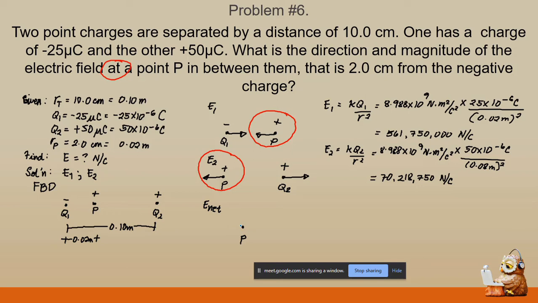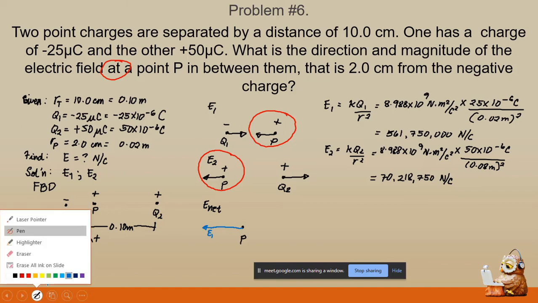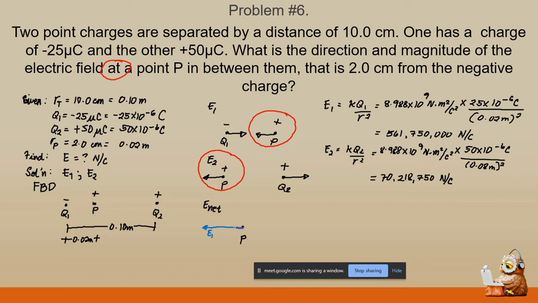E sub 1 is larger, so most probably its arrow is longer. So I will make it taller here, assuming that's a straight line, and let me denote this as E sub 1. Another electric field, E sub 2, based on our diagram, also points to the left, but its magnitude is smaller compared to E sub 1. So it goes about here. And let me denote this as E sub 2.